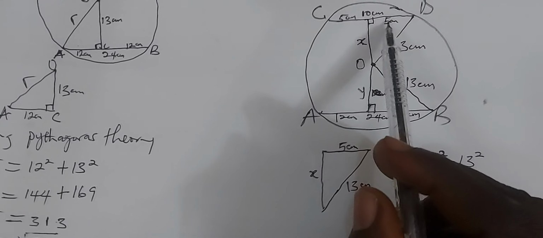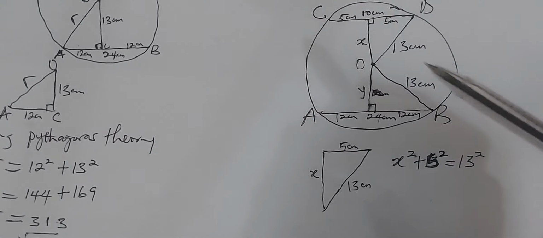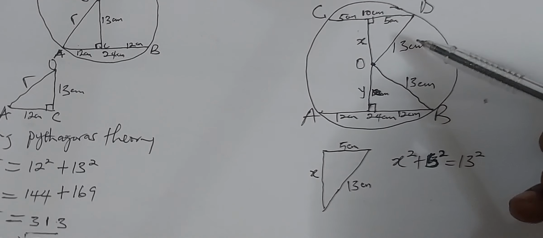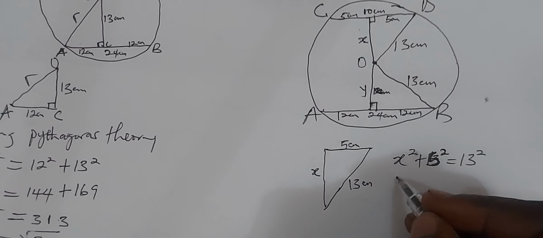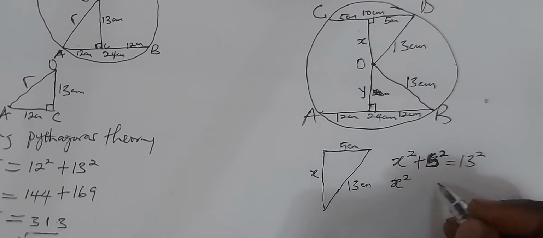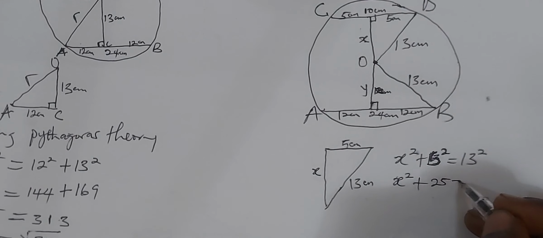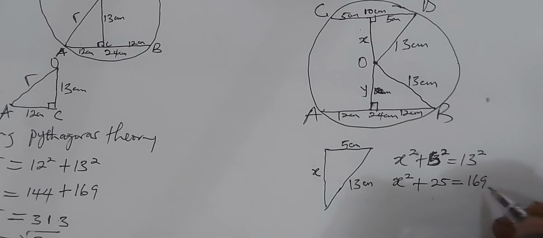The sum of the squares of the opposite and adjacent sides is equal to the square of the hypotenuse. So we have x squared plus 5 squared, which is 25, equals 13 squared, which is 169.